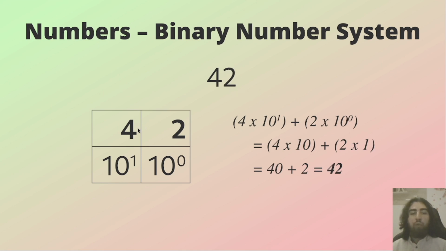We would have 4 and we would have 2, right? Now 2 would be in the ones place and 4 would be in the tens place. And if we had more digits here, there would be the hundreds place, thousands place, and so on.